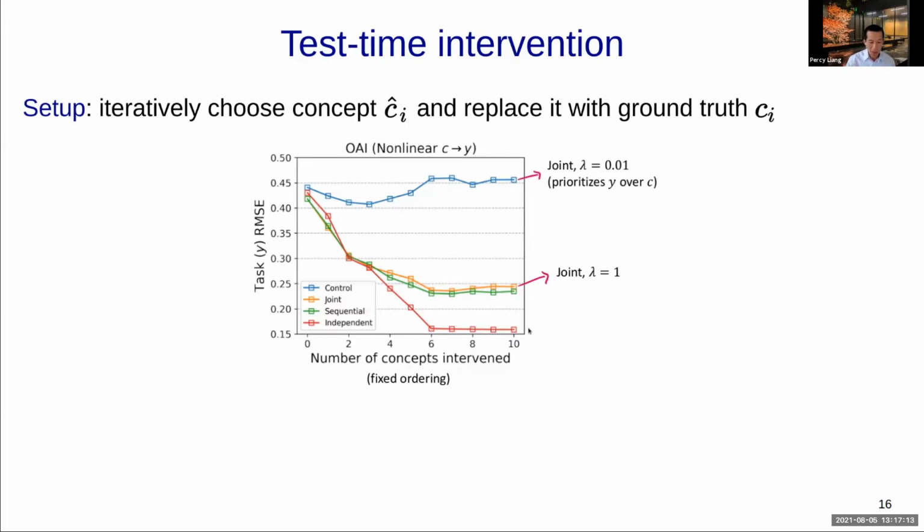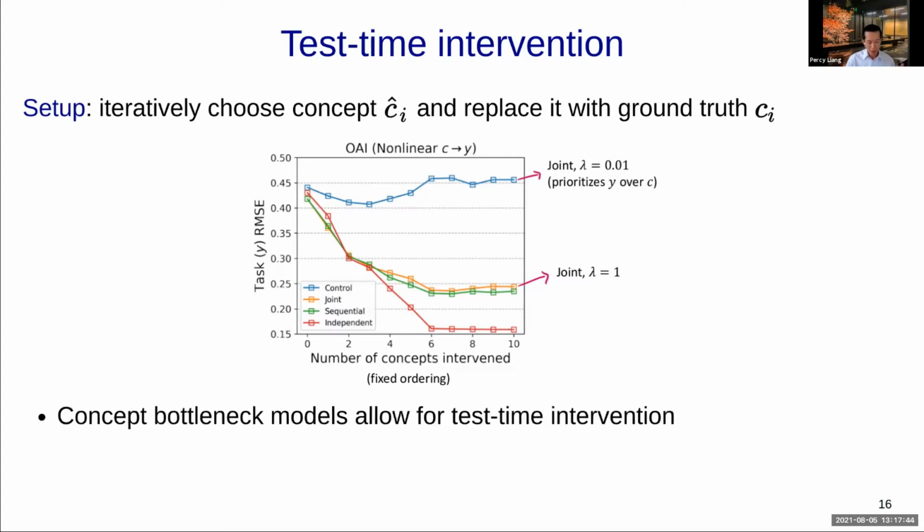One thing that's interesting to note is that with joint training, even though you seem to get high concept accuracy, intervention doesn't actually work that well. And if you train sequentially, it lands somewhere in between.